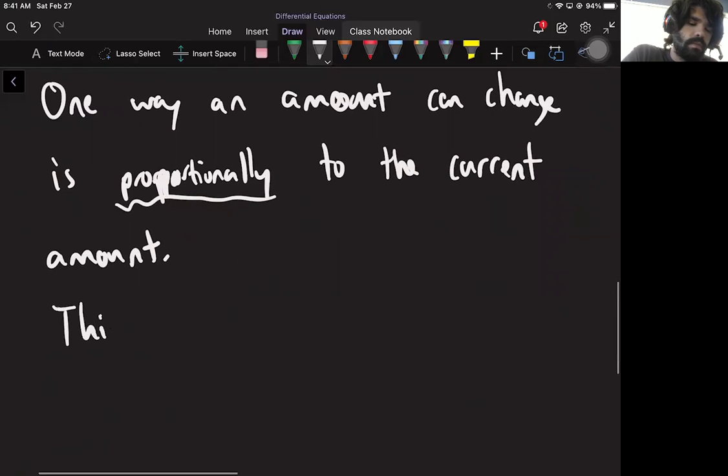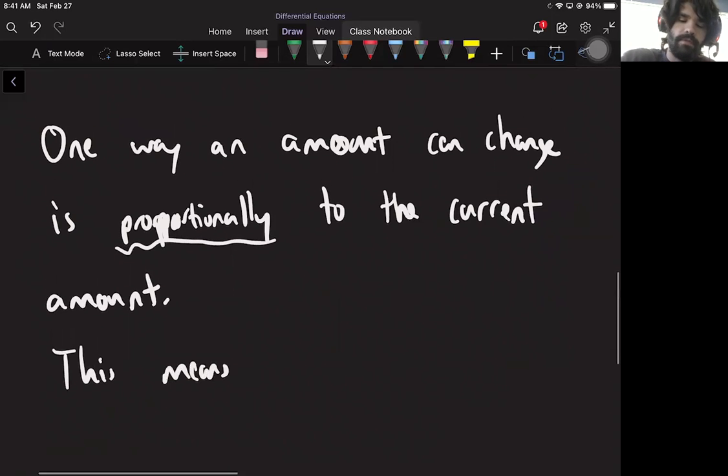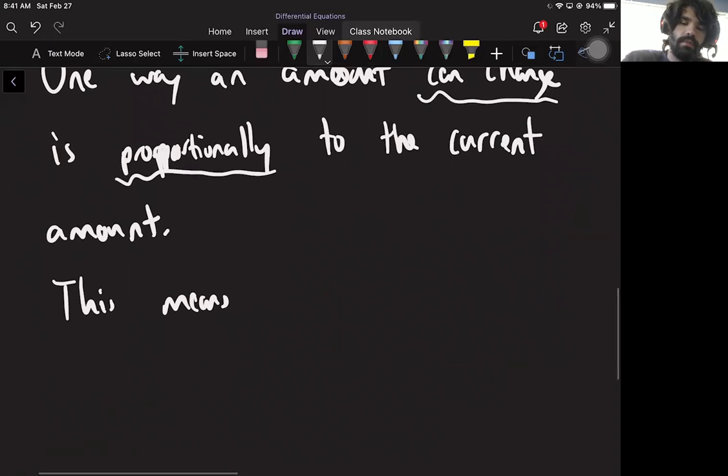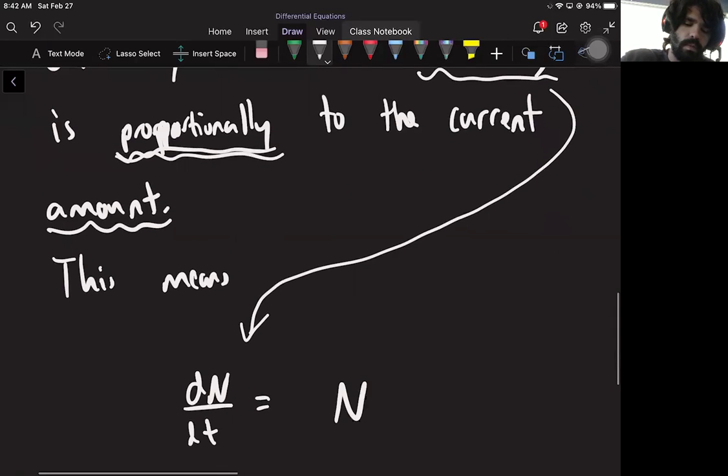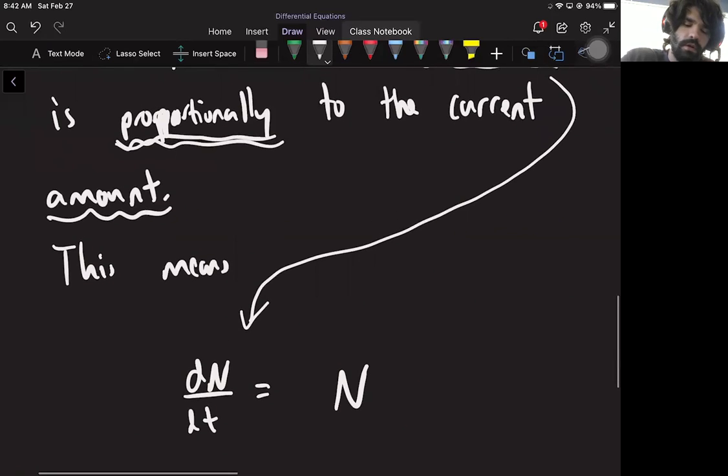So this means, well, if it's changing this way, that means that the derivative, the rate at which it changes, is equal to, and if it's proportional to the current amount, that means it equals the current amount, but not exactly, but times some constant, which people call a constant of proportionality.